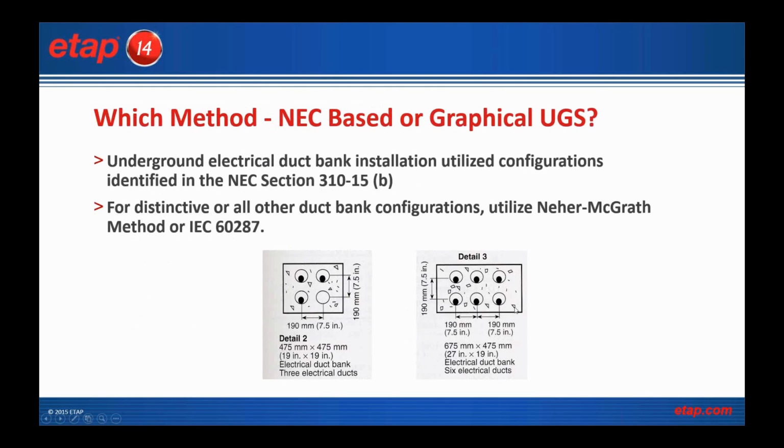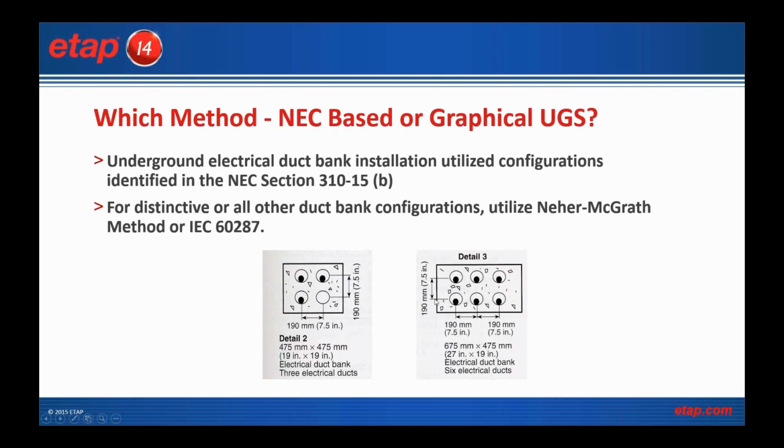So back to our discussion, which method should I use, the NEC type based method or a graphical UGS method? So if you look at NEC section 310-15B, I'm going very specific to US National Electric Code here. There are certain details that are mentioned, detail 2, detail 3, which are typical arrangements, a 2x2 arrangement or a 2x3 arrangement.